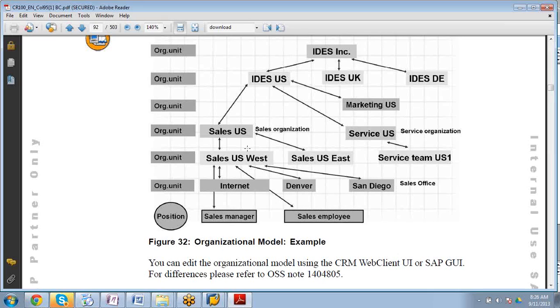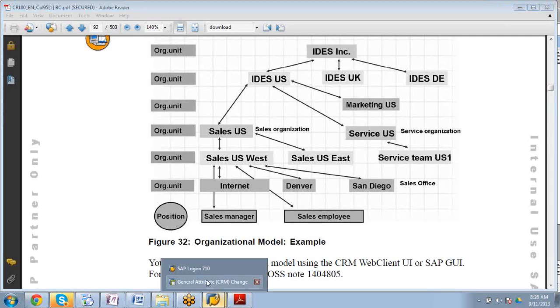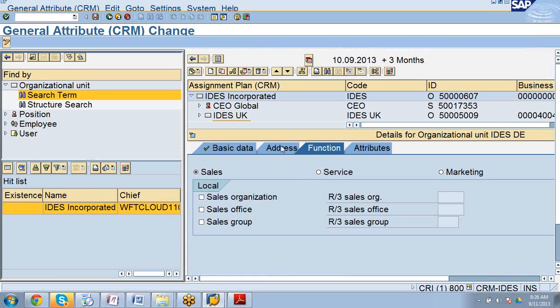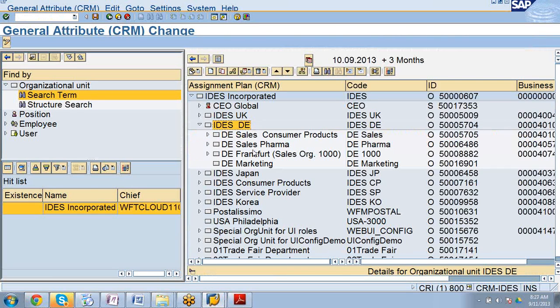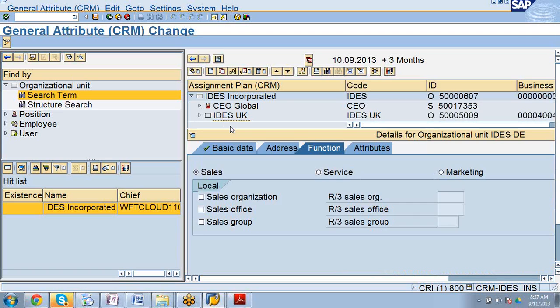No, sir, I did not. If you see in that example, every time it is showing me empty, but not when I come to IDS Frankfurt. You can see IDS DE, it is empty. This is the point I'm talking about.